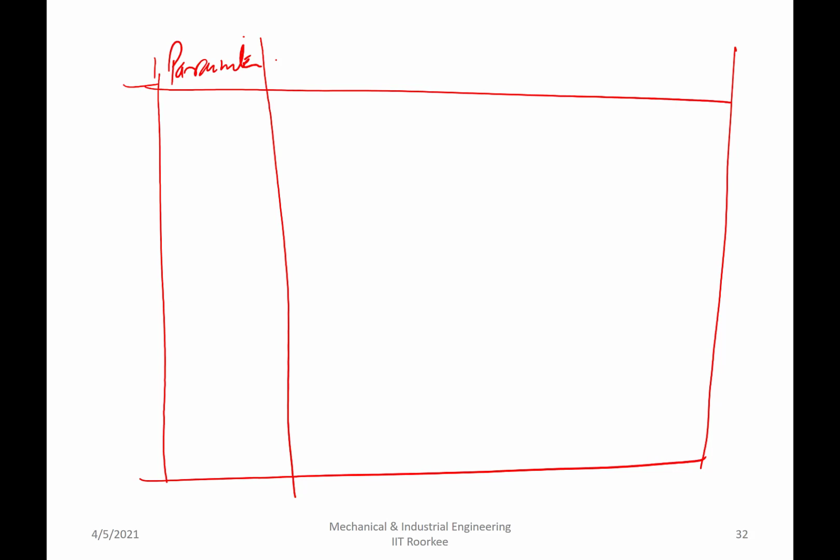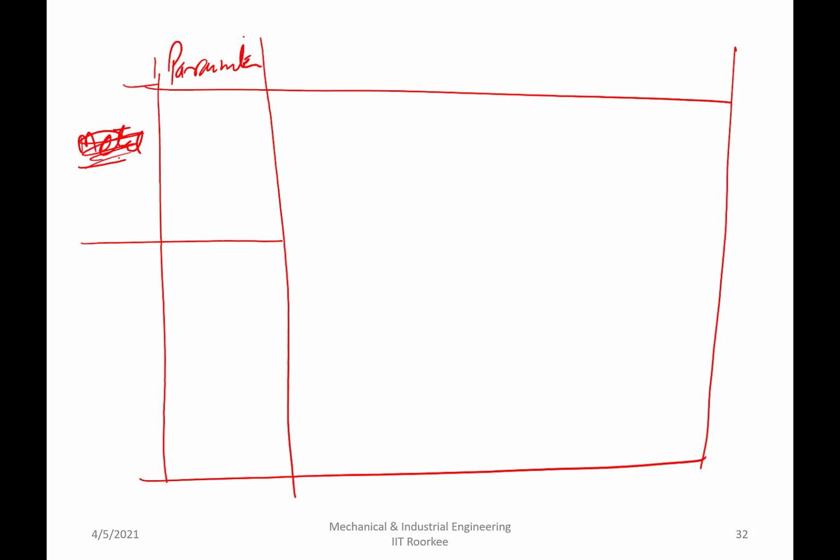The product is made of something, and you can make it in different ways as per your need. So what are the main factors or parameters that will be dictating the choice?